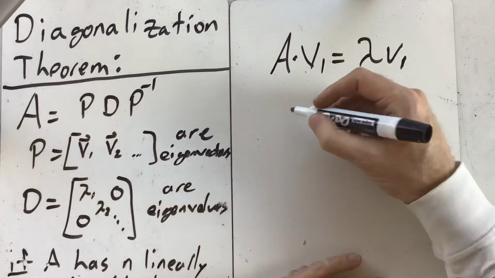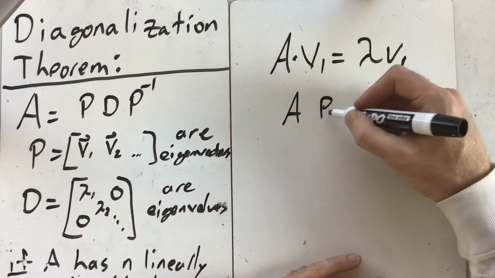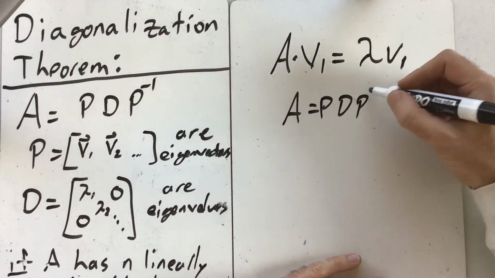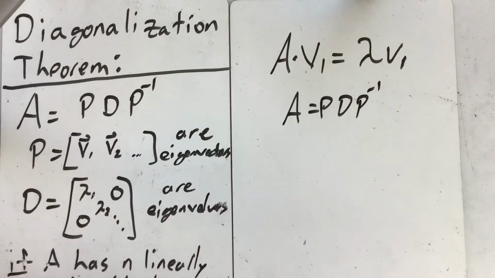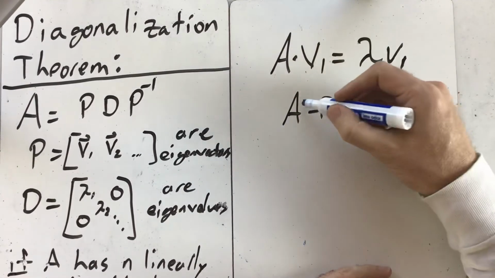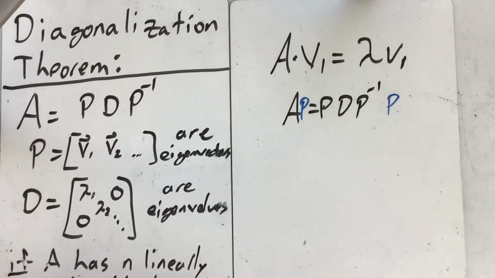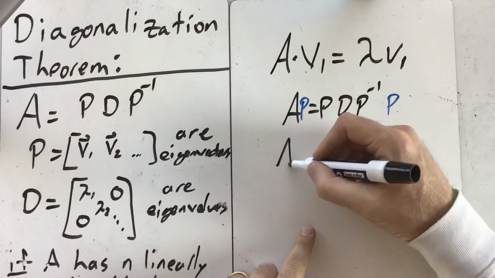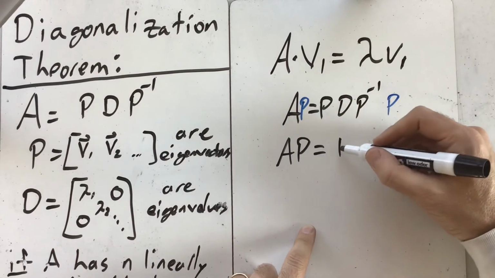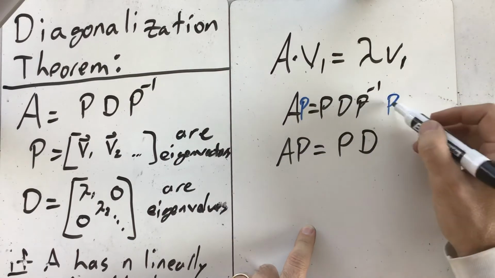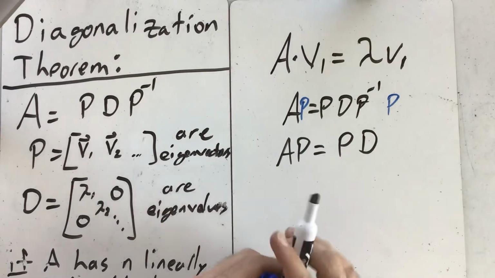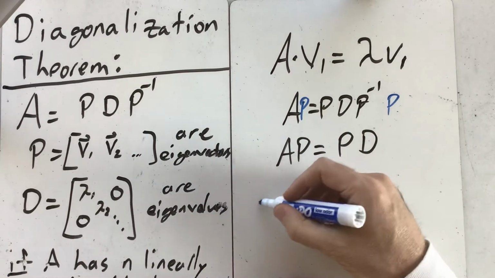So what if I take this formula, A equals PDP inverse, what if I just multiply both sides by P? And then you'll notice that this formula becomes AP equals PD, because those two become the identity. Well, let's ask ourselves, what is A times P?